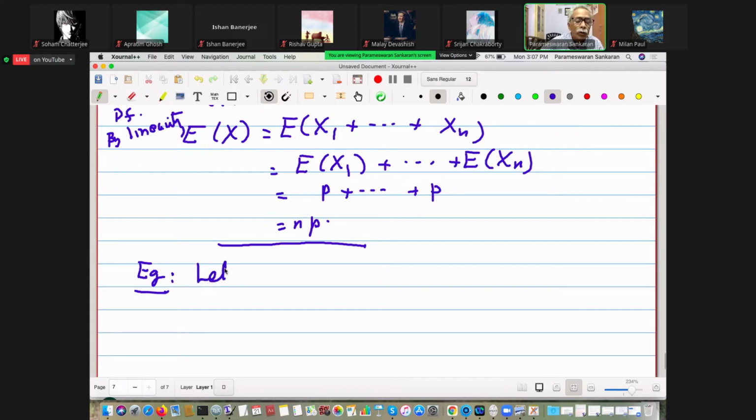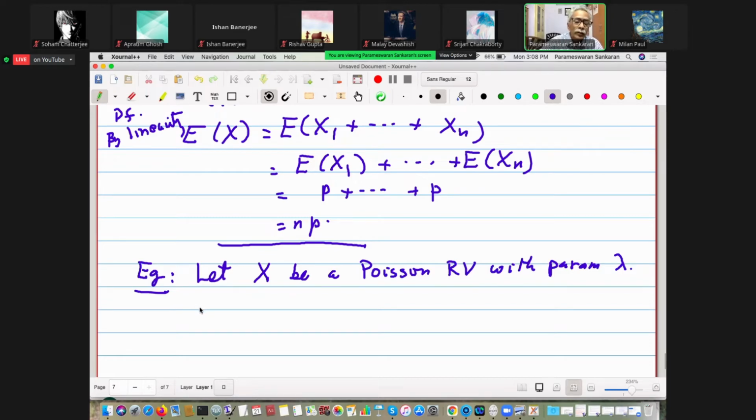Let x be a Poisson random variable with parameter lambda.